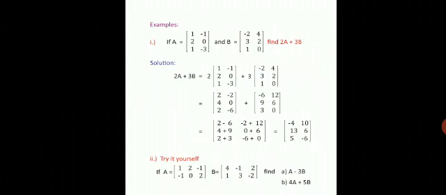So first example, if A is equal to 1 minus 1 2 0 1 minus 3 and B is equal to minus 2 4 3 2 1 0, find 2A plus 3B. Solution.